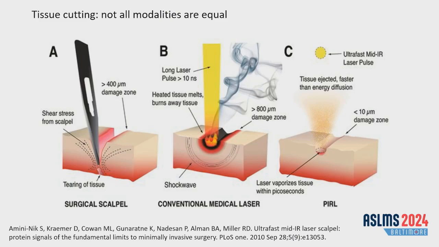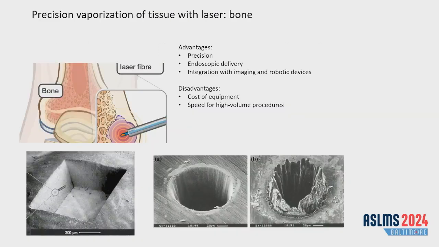When you have a significantly too long pulse, you cause a lot of coagulation and carbonization, which is shown on this slide in the middle picture. However, if you fine-tune parameters of your source, you can cut tissue very precisely without additional coagulation or carbonization.